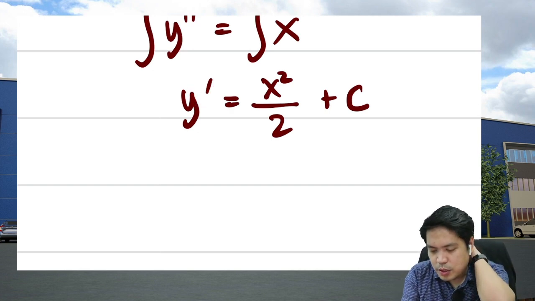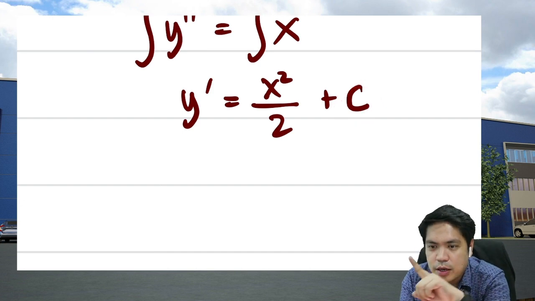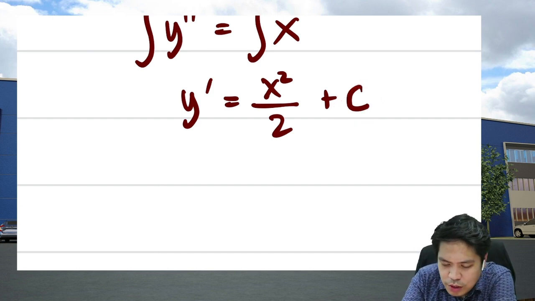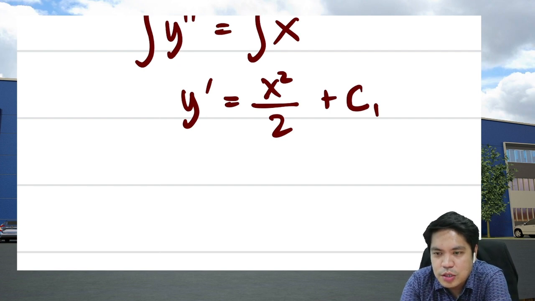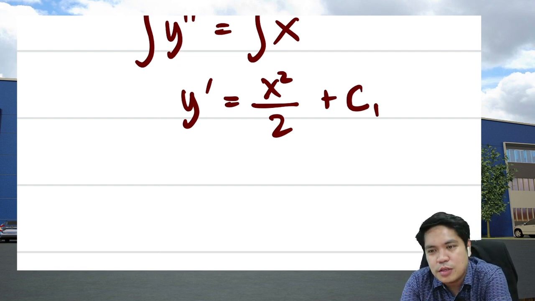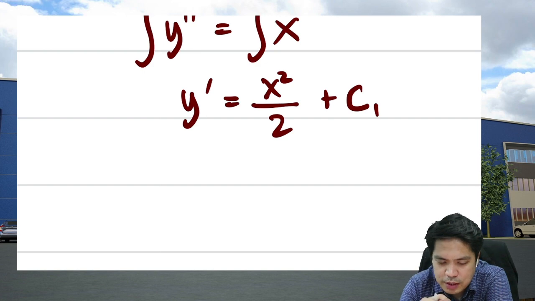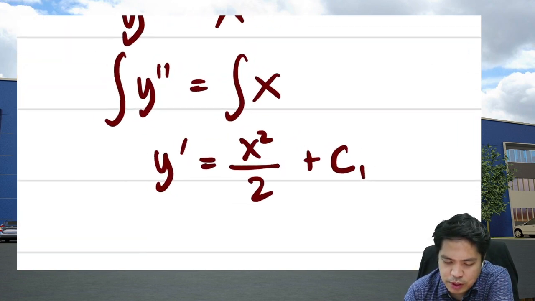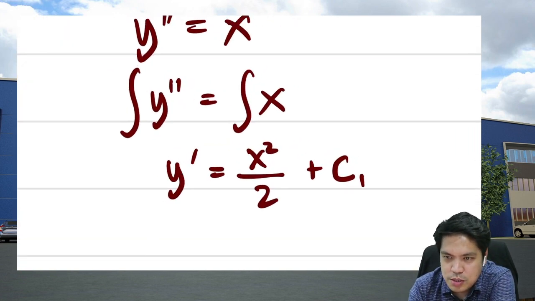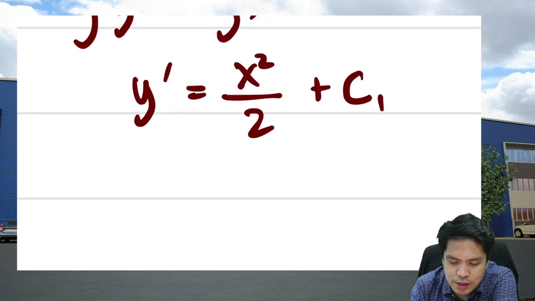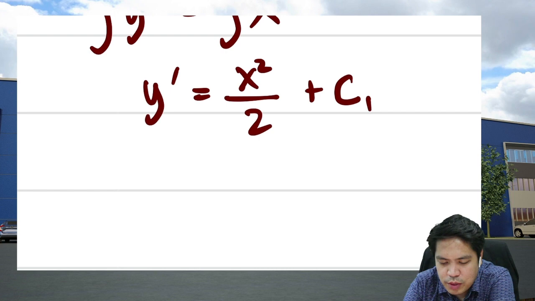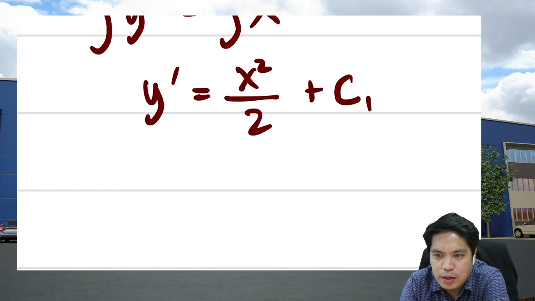So ito yung arbitrary constant natin sa first integration natin. So we'll call that c1 instead of c because that's the constant of integration for our first integration. Okay, because we're expecting two integrations here because this is second derivative. Ayan, so we have y prime is equal to x squared over 2 plus c1.